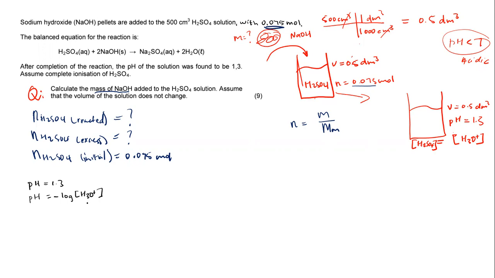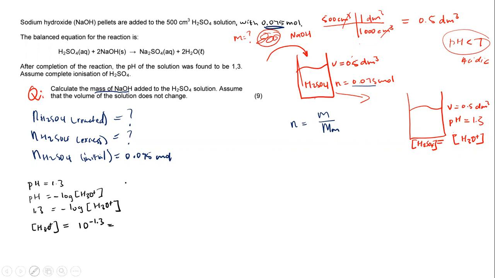So we're going to substitute 1,3 over here, which is equals to negative log of H3O plus ions. And therefore, the concentration of H3O plus ions is equals to 10 to the power negative 1,3.